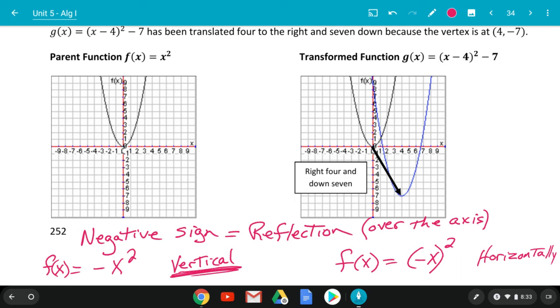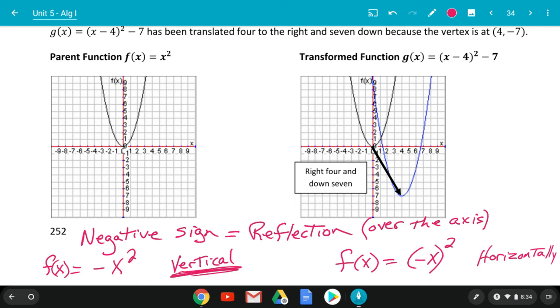See my parabola? It's my fingers up in the air. If I reflect it vertically, what's it going to do? Like this. Yes? Vertical. What happens if it reflects horizontally? It goes this way.